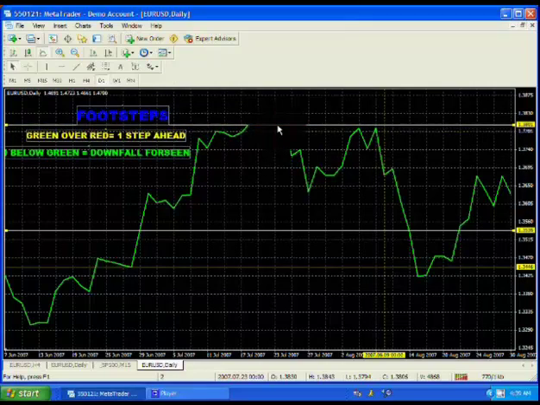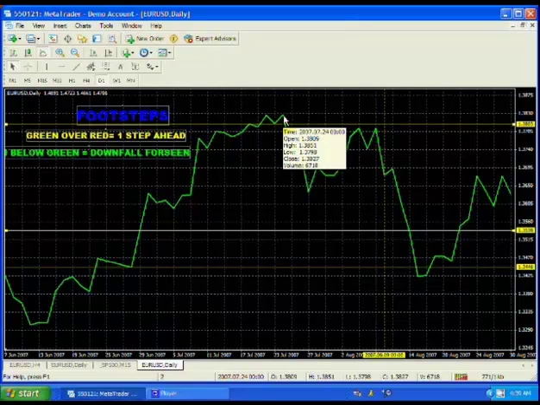What we have here is a trend break. We were in an uptrend all the way up here, and what do we have here? We have a lower high, and once we get a close below this bottom here, we have a lower low on the way. So this is a trend break.